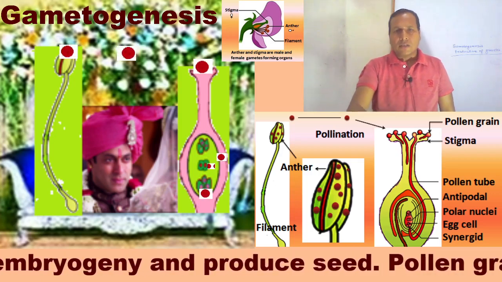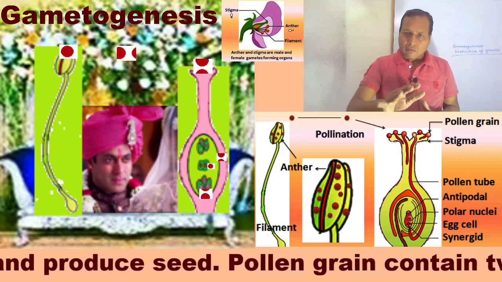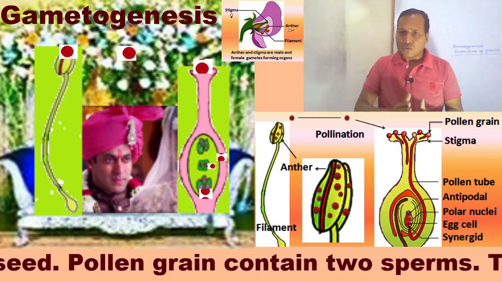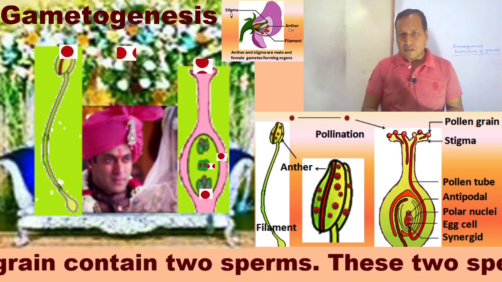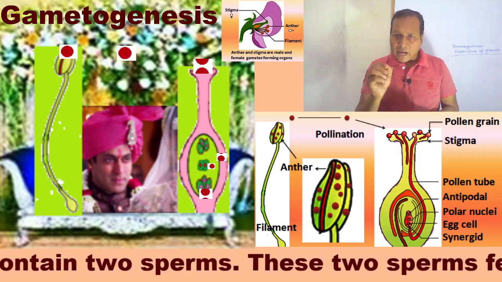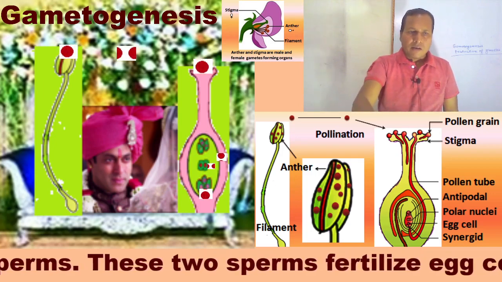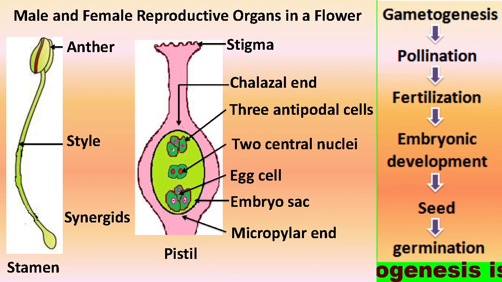Now come on to gametogenesis. What is gametogenesis? Gametogenesis is a biological process in which gametes are produced. In flowering plants, gametes are produced in male and female reproductive organs.